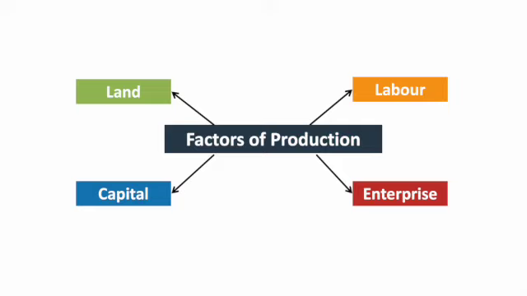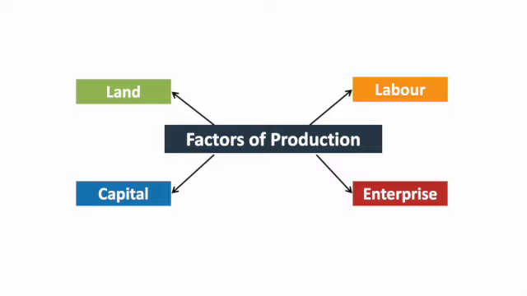So here it leads us back to the factors of production. We know it's land, all the physical resources coming from land. Labor, this is all the people's efforts that go into producing our products.